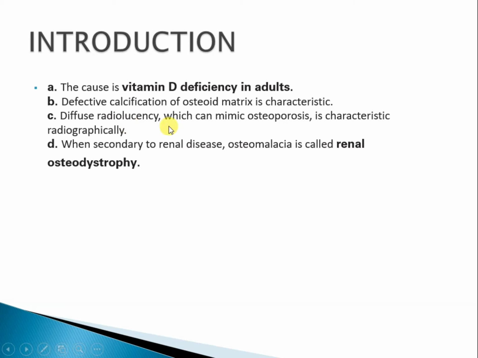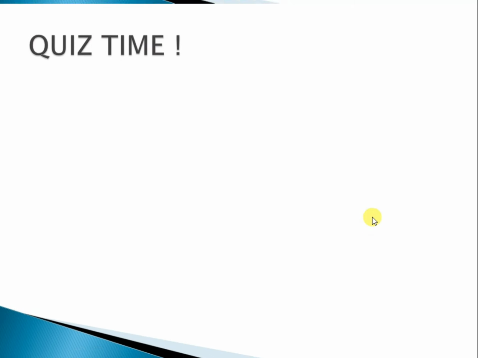Diffuse radiolucency, which can mimic osteoporosis, is characteristic radiographically. When secondary to renal disease, osteomalacia is called renal osteodystrophy. It means the calcium is being lost through the kidneys into the urine, which causes less mineralization. We term it renal osteodystrophy.